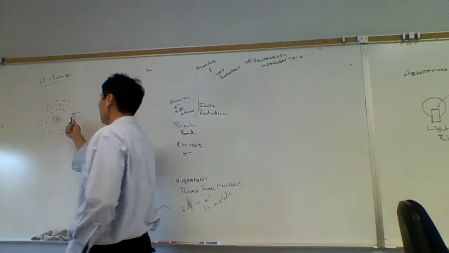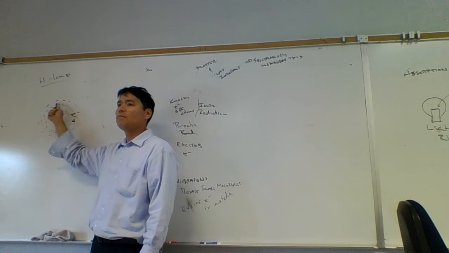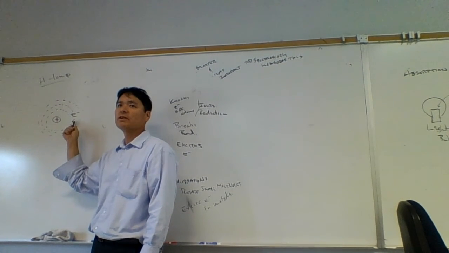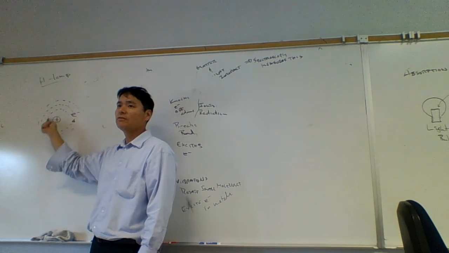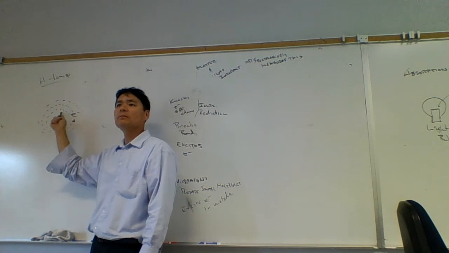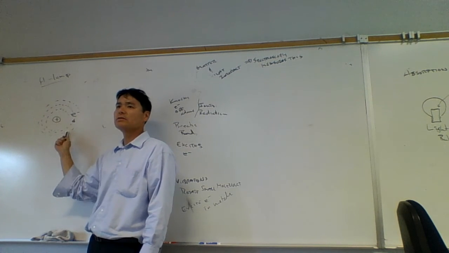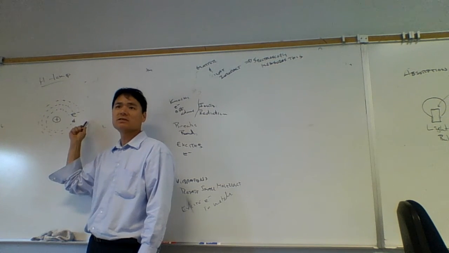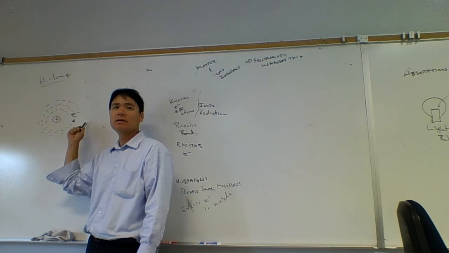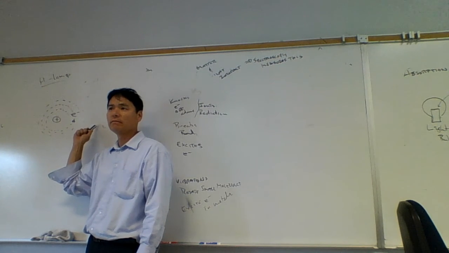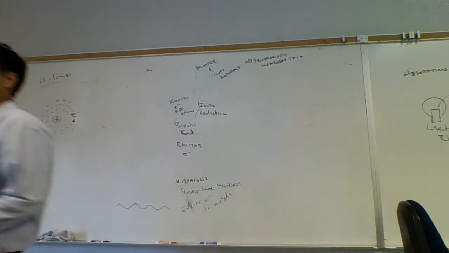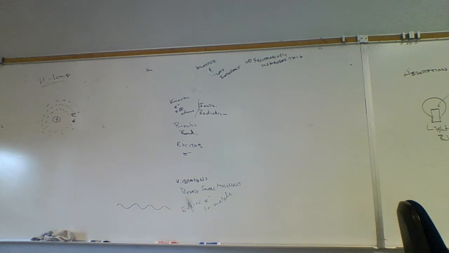Because this is saying like this: the electron can move at 25 miles an hour, but it cannot move at 25.1 miles an hour. The electron can move at 25 miles an hour, 35 miles an hour, but nothing in between. So how can an electron move at 25 miles an hour, but not 26, 27, 28? It has to jump all the way to 35. And so what this line spectrum is saying is this.